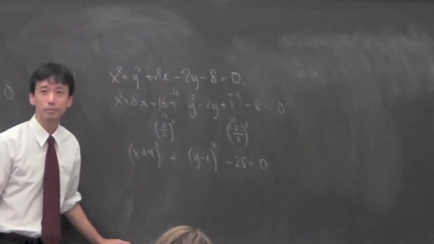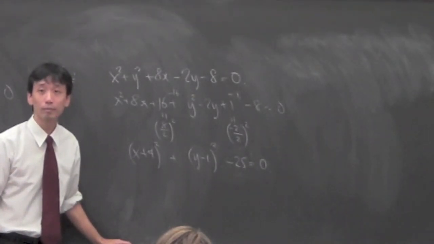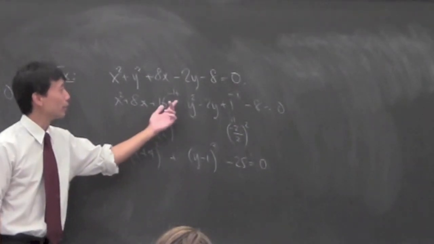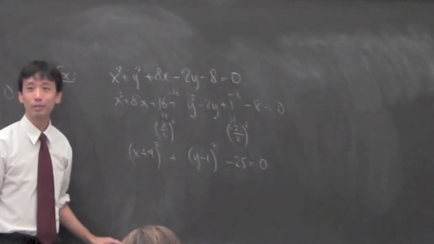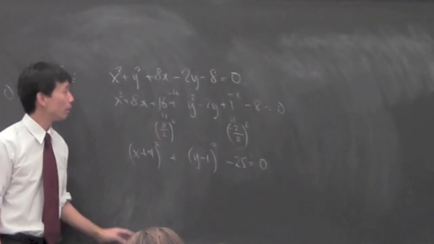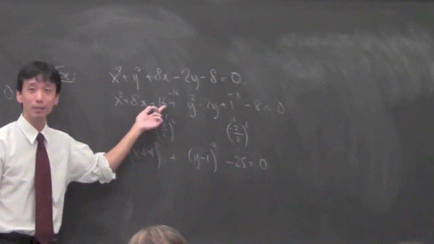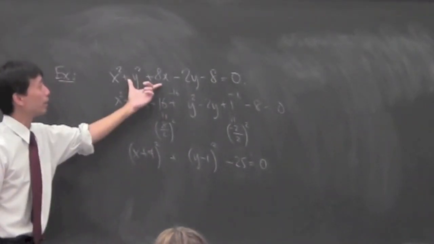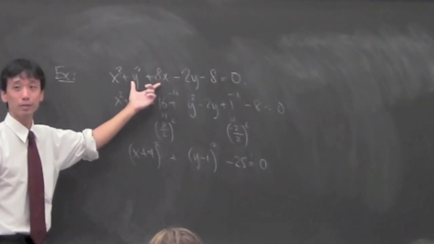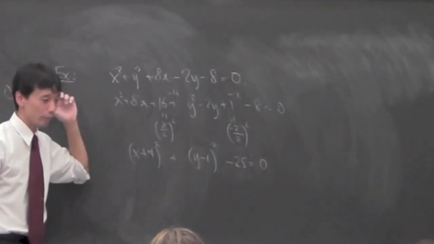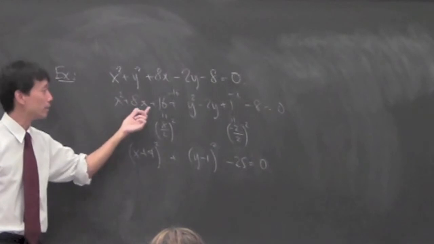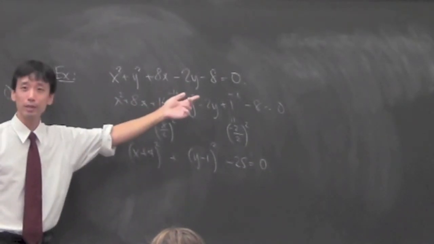Why do you need to subtract the 16? I don't. Because I can't just throw in 16. But wouldn't it become the quantity? So it goes away, only because I added in the 16. I started from here, and then I added 16 to this. You know that the rule is that if you add 16 to one side, you have to add 16 to the other side.